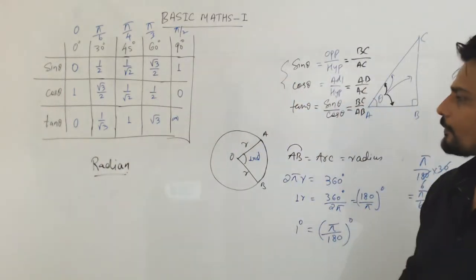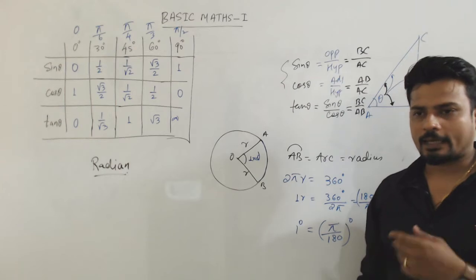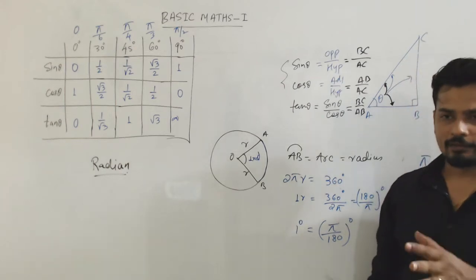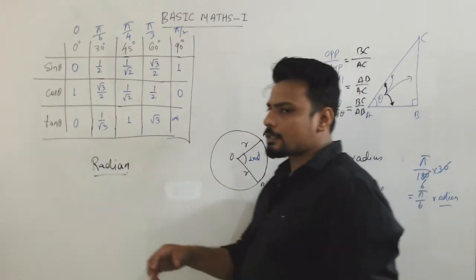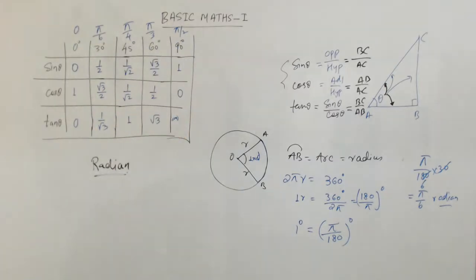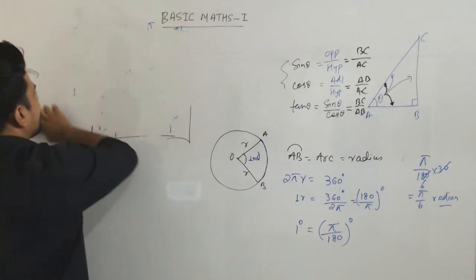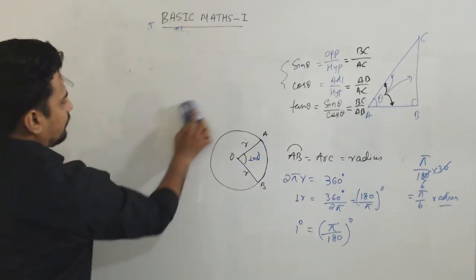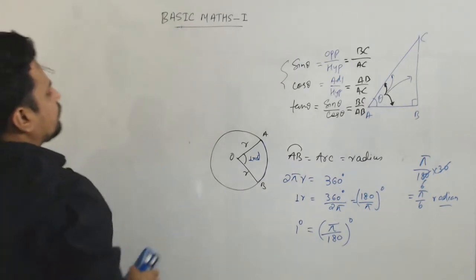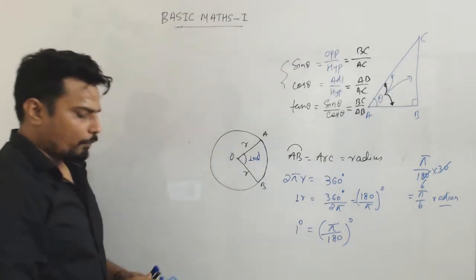All good? Now the next thing we need to understand is the concept of quadrants and the variation of the values of angles with the quadrant. Let me talk about the quadrants. Basically the entire circular track is divided into 4 quadrants.